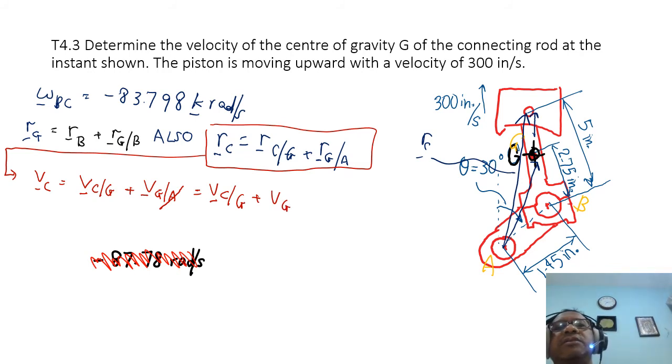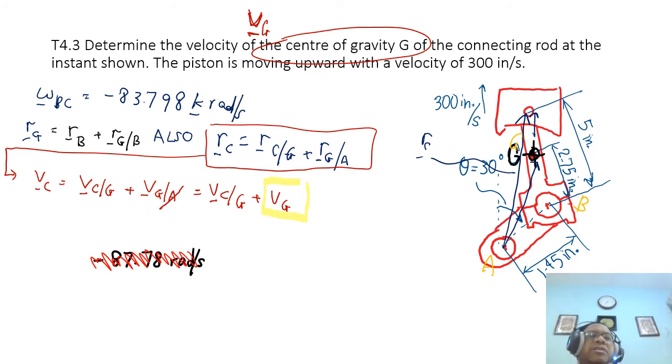The question asks us the velocity of the center of gravity, so we wanted to find VG. So that's our main concern, is to find VG. Do we know VC? Yes, we know VC is 300J. Do we know what VC relative to G is?